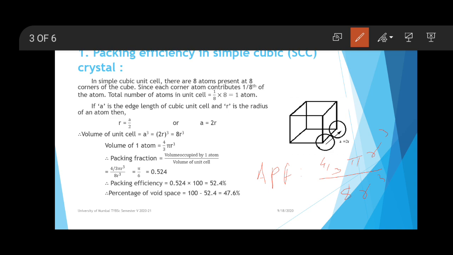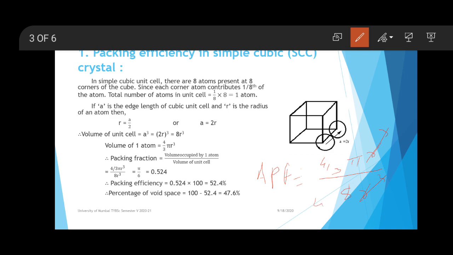Everybody understood? Now if you solve that, r cube gets cancelled. The 3 is in the denominator, so you just take it down.